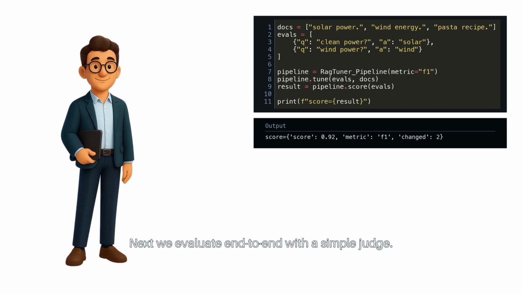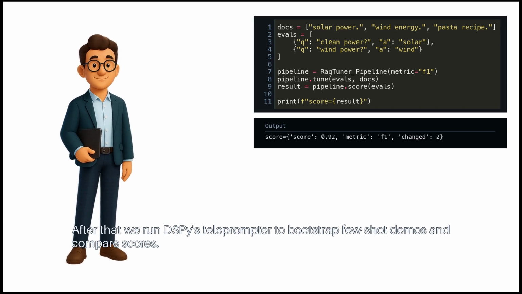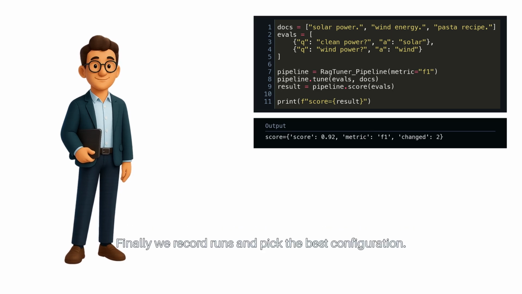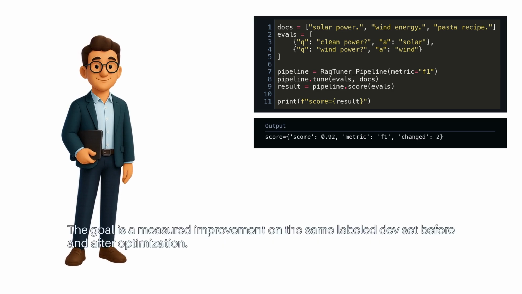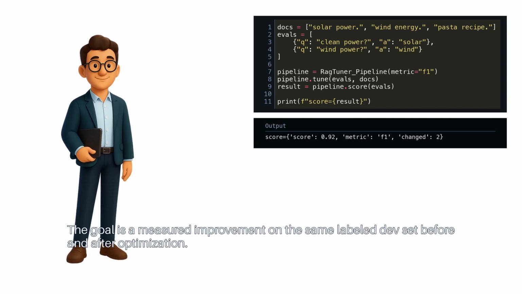Next, we evaluate end-to-end with a simple judge. After that, we run DSPy's teleprompter to BootstrapFewShot demos and compare scores. Finally, we record runs and pick the best configuration. The goal is a measured improvement on the same labeled dev set before and after optimization.